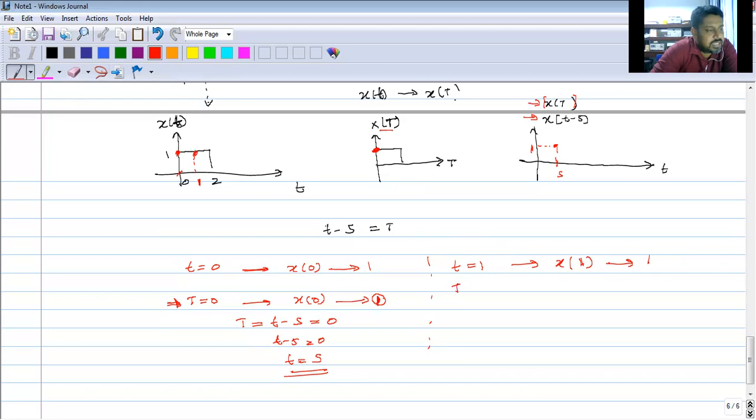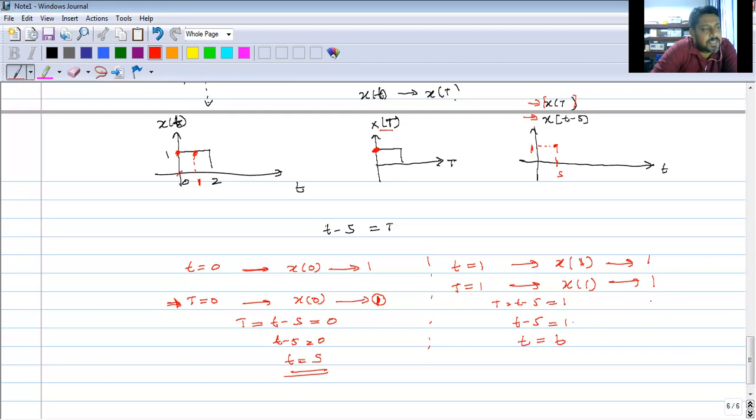Then capital T is equal to 1, also you have x(1). So here capital T is equal to t minus 5, and T is equal to 1, then it is 1. So you will get t minus 5 is equal to 1. So you will get t is equal to 6.